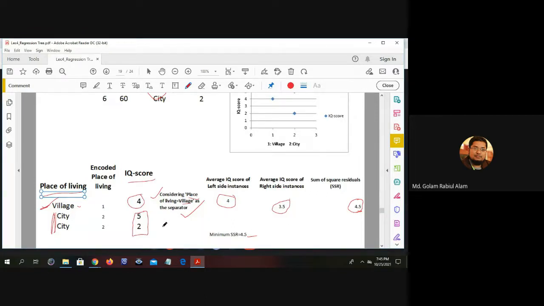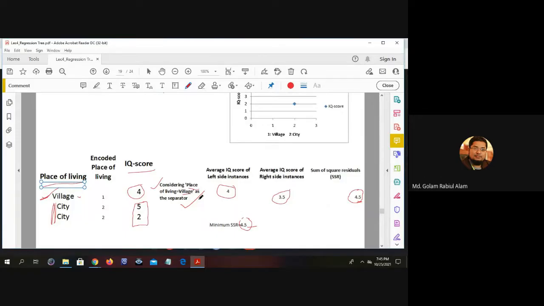As there are no other separators, just one separator at this space, the minimum sum of square residuals for place of living is also 4.5. Now we have to compare the minimum sum of square residuals between age and place of living.